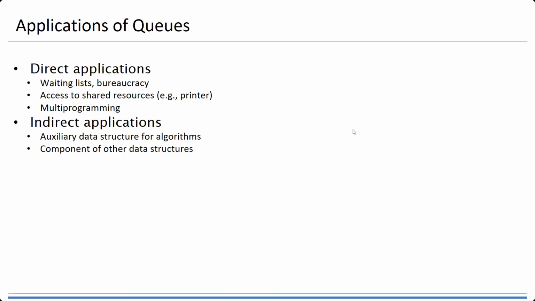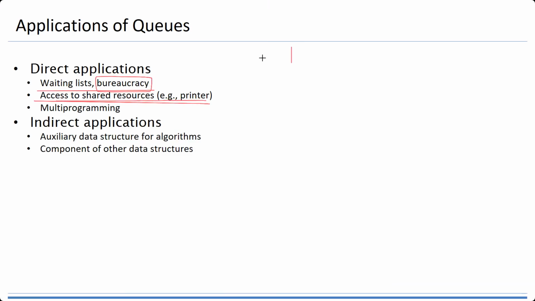There are many direct applications you can use for the queue. For example, yeah, you can use it for the waiting list or the bureaucracy. If you are using it in programming, let's say you are going to print a document. If you access shared resources like the printer, you need to have a kind of queue.